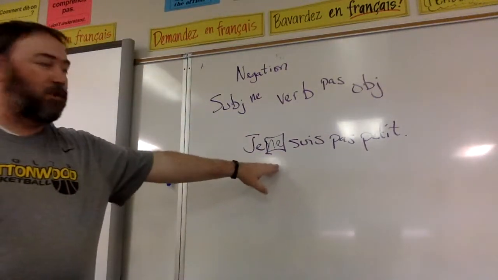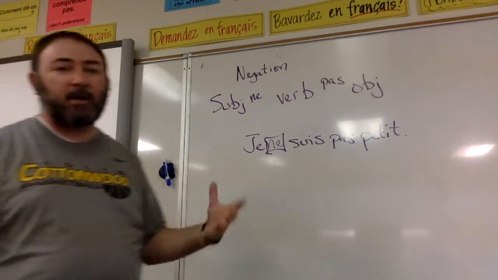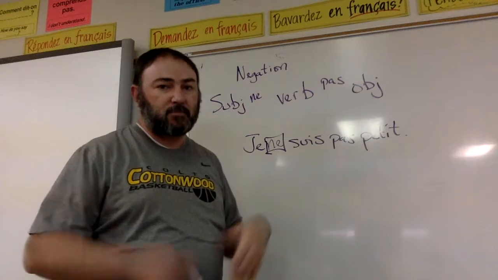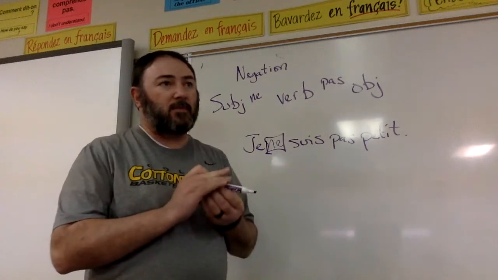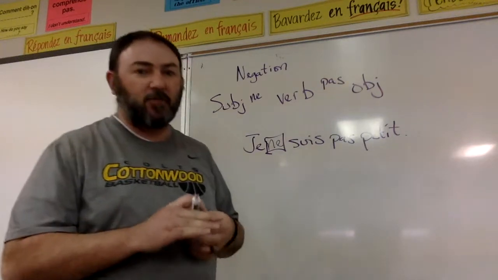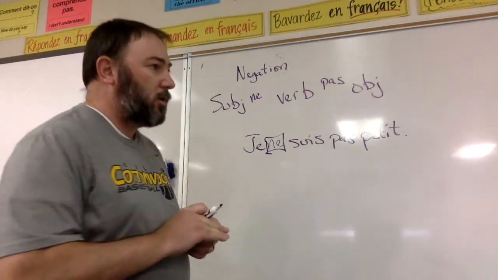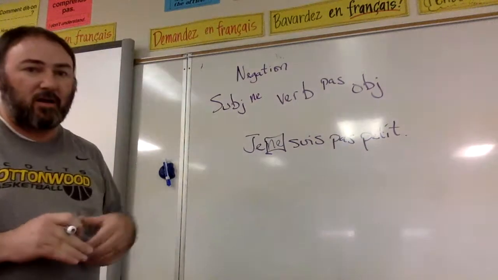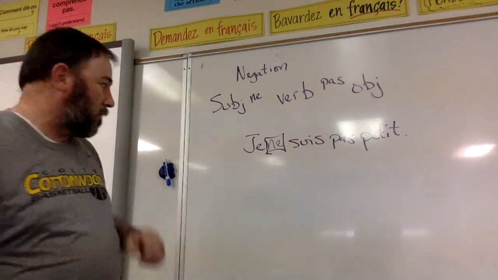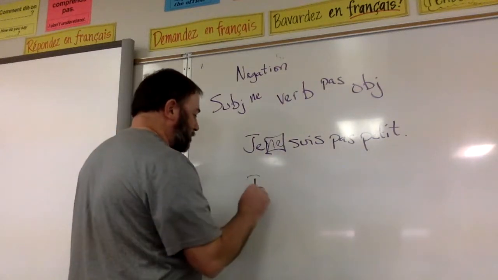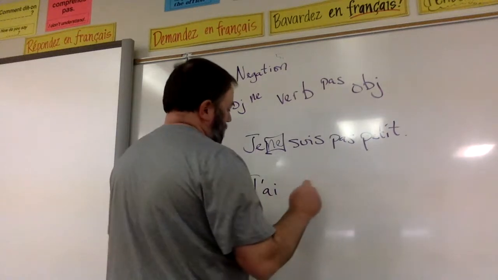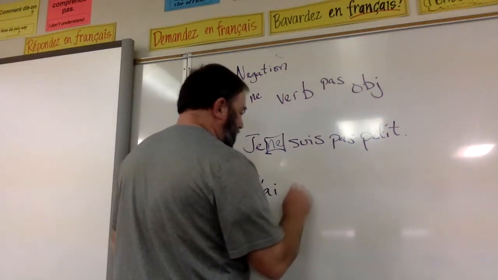Now, as we're putting this ne in here, sometimes you'll have verbs that start with a vowel. So we're going to bring our verb avoir into use here. We're going to have another sentence: j'ai un frère.